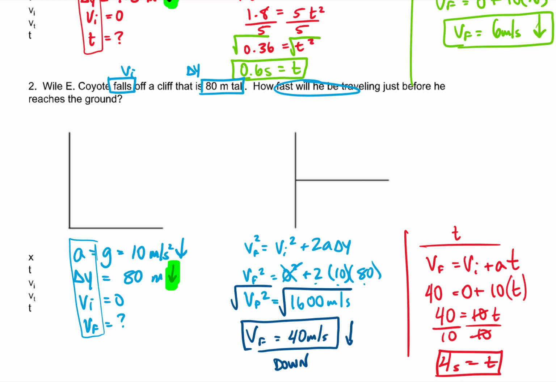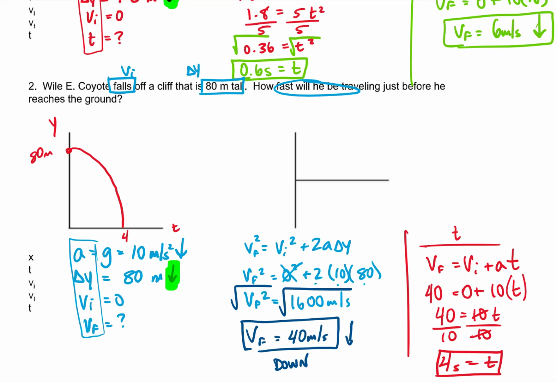Now we want to make the graph. It's going to look the same as the last one because we're falling. So there's my initial position way up there at the top and my time. So we start off at 80 meters. We go down to 0 meters. We start off at rest, so we have to have a flat line at the beginning, and then as we fall, that velocity goes down and gets bigger. So as we move, the slope needs to start off at 0 and go down and get bigger.